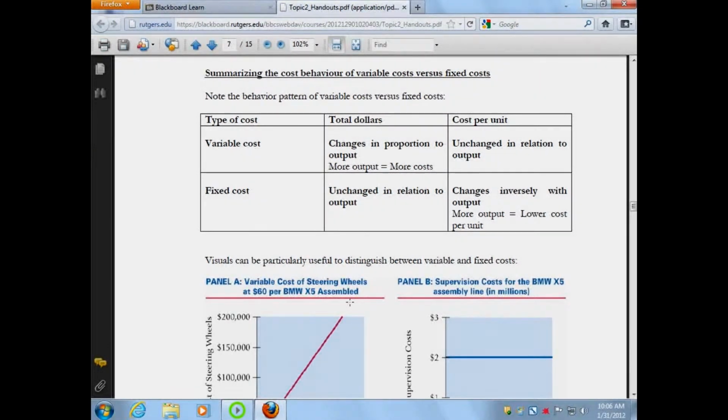So fixed costs in total remain constant. Variable costs in total fluctuate. When you look at them, on the other hand, on a per unit or on an average basis, the behavior reverses. It flips. It's the other way around. Variable costs fluctuate in total, but on a per unit basis or on an average basis, they normally stay the same. Those costs are usually incurred in that manner.